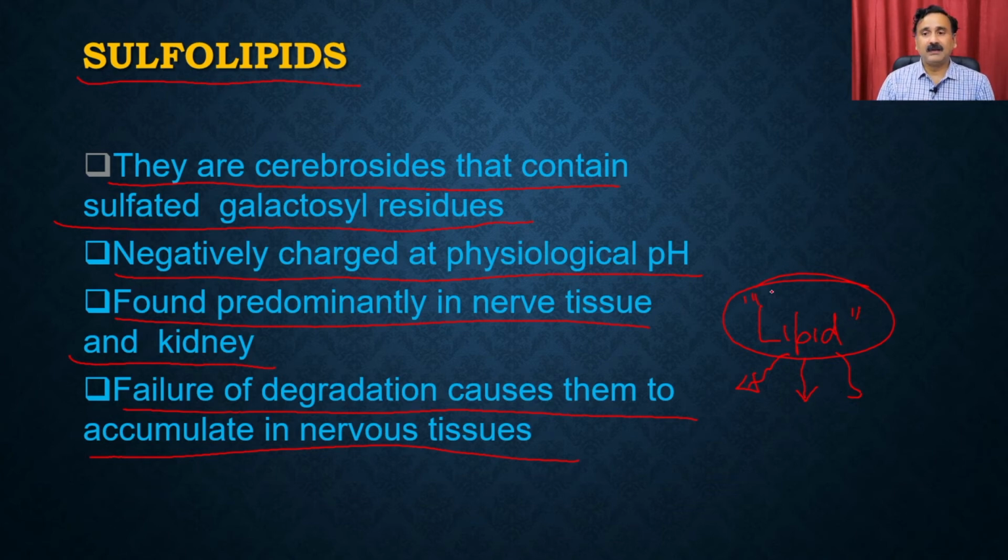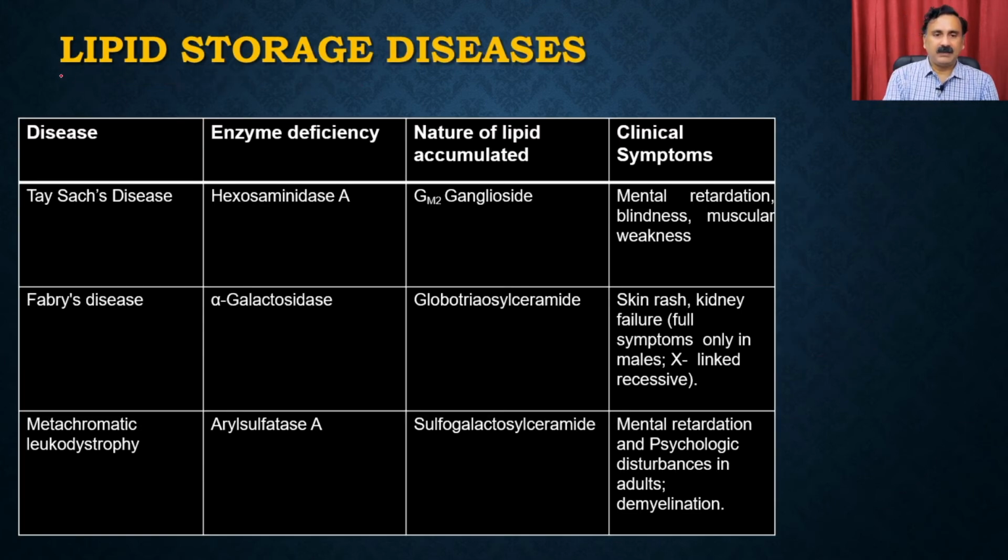As a result, lipid storage is going to be responsible for different types of diseases, because lipid has to be utilized for energy production or other kinds of functions. If it doesn't happen, then a huge quantity of lipid is going to accumulate in the cell, and as a result it is going to cause different types of diseases.